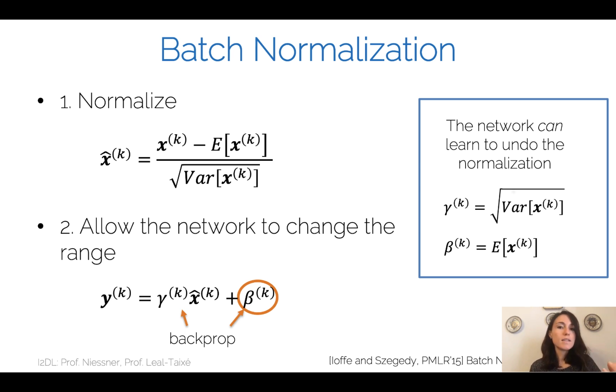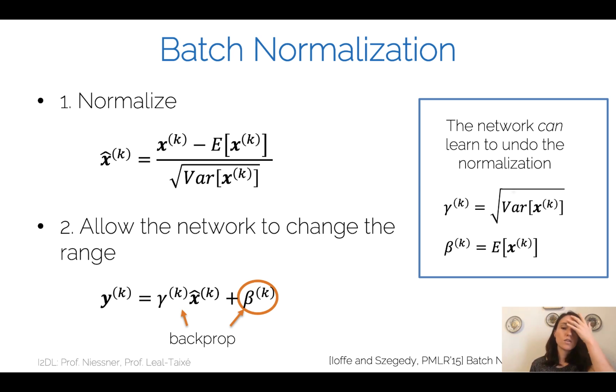So what I did in this process is I normalized first, then I trained these two parameters, beta and gamma, and the network decided to completely undo the normalization. And so in the end, what I obtained is the same input xk that I had at the beginning. So this is what essentially makes this technique so flexible. I impose a normalization.